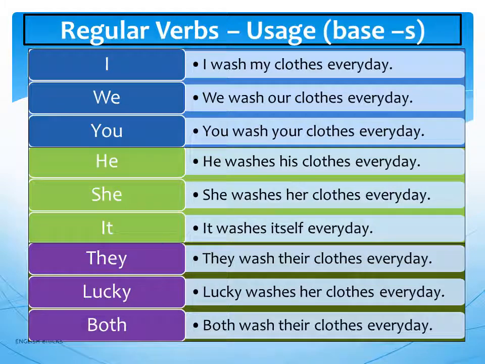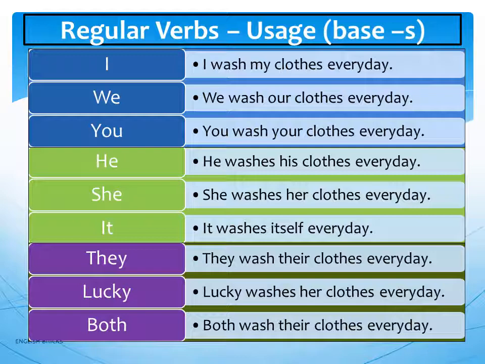There in front of you is the usage of the regular verbs, the base form and the S form in sentences. Now, I wash, we wash, you wash, and here the wash is all in the base form or the to infinitive form. Now, he washes, she washes, it washes. They're all in the S form. They wash, infinitive form. Lucky washes, because it's singular, S form.